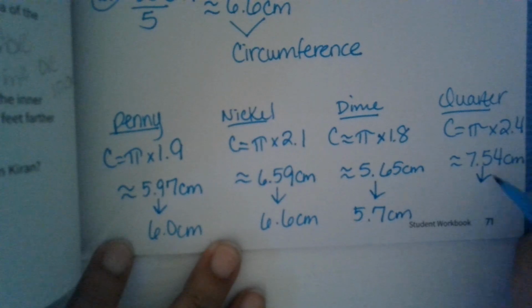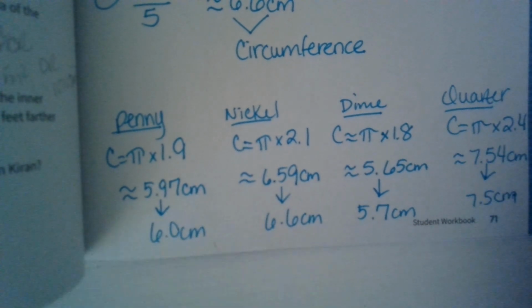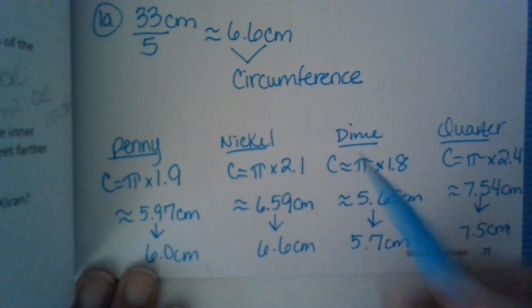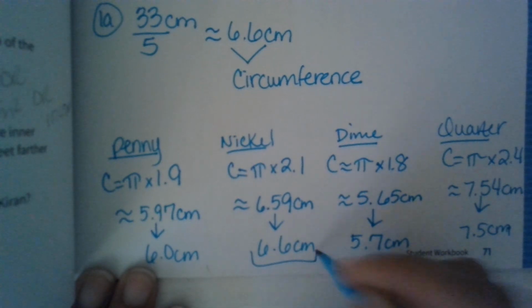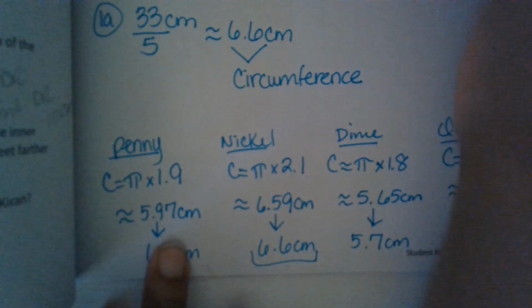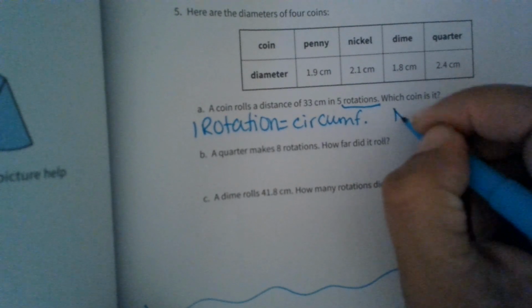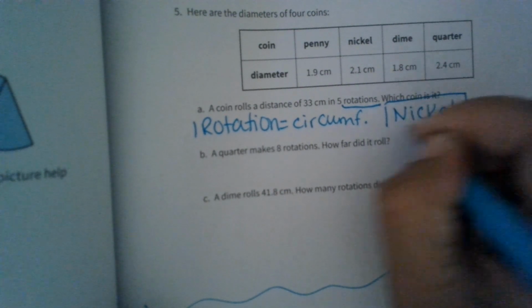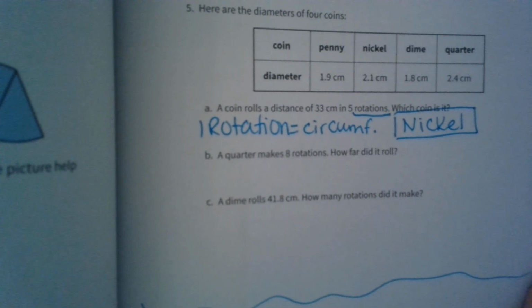And if you round this decimal, you get 7.5. Now remember, you have to get the exact circumference that we got. Which one looks like 6.6? Right here. So the coin is the nickel. Which coin is it? It is the nickel. That is how you work 5A.